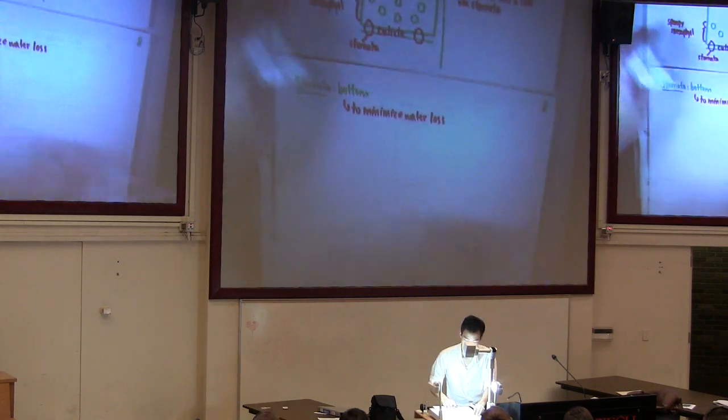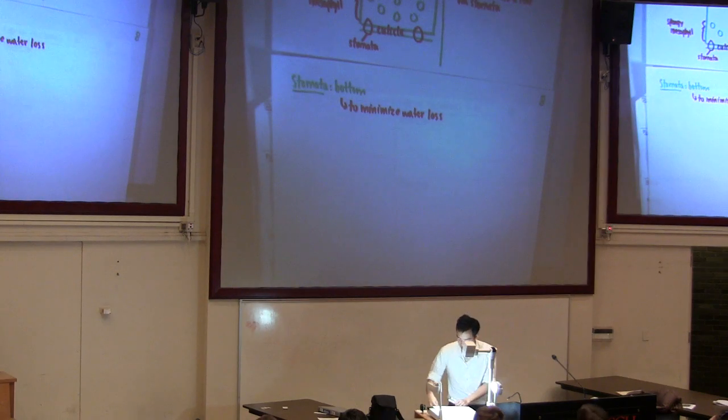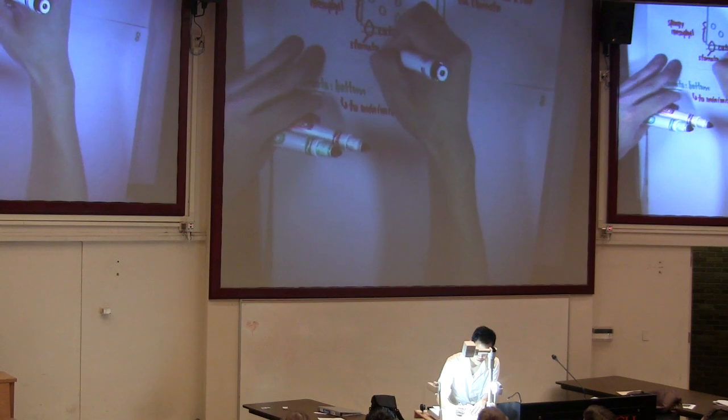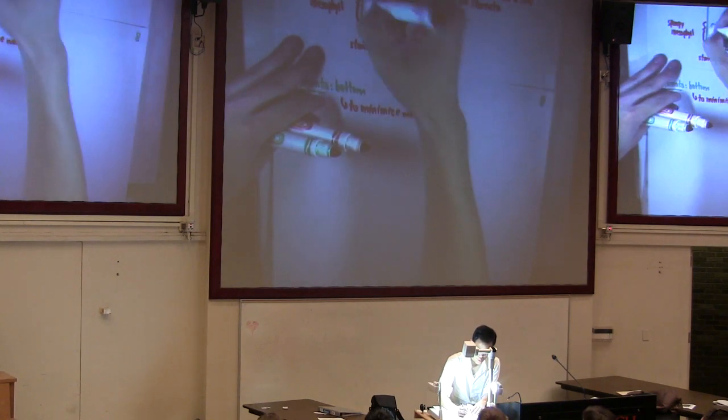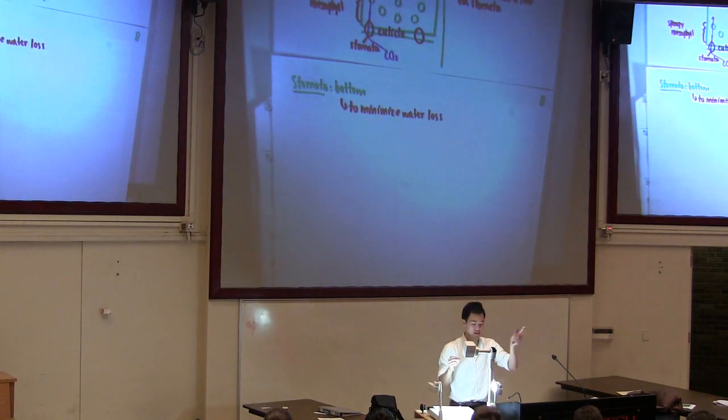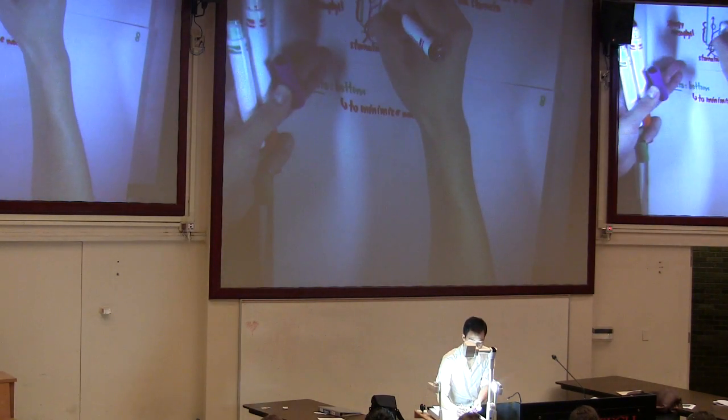So with that said, as CO2 moves in, it's going to move in through stomata. Does it want to go through a cell? No, right? So it's going to move through an airspace.